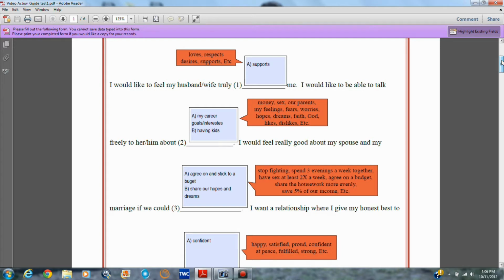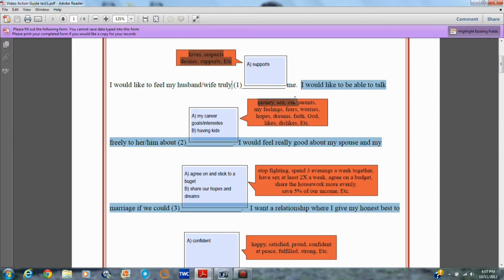So we're going to work through this action guide with Samantha's responses so you can see exactly how it would work. This first sentence here is, I would like to feel my husband truly supports me. Now in this case, this would be Samantha wanting support for her career goals.